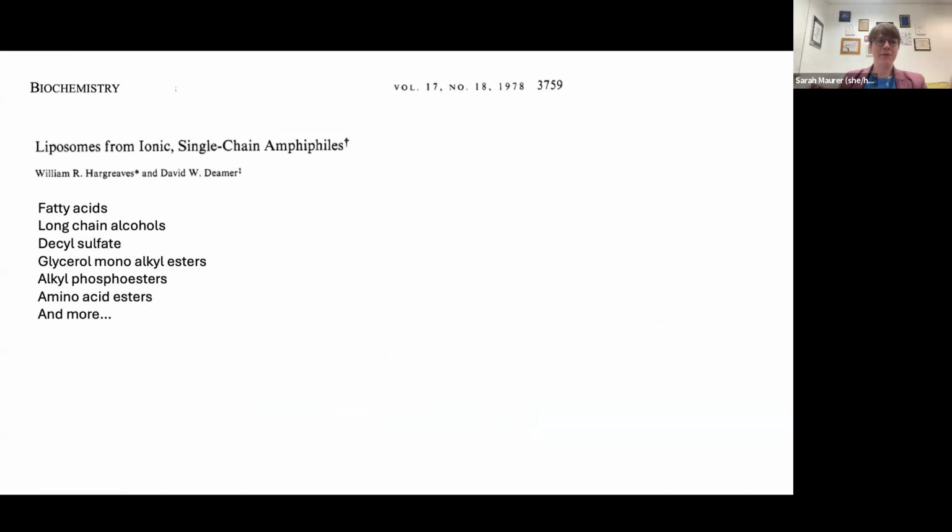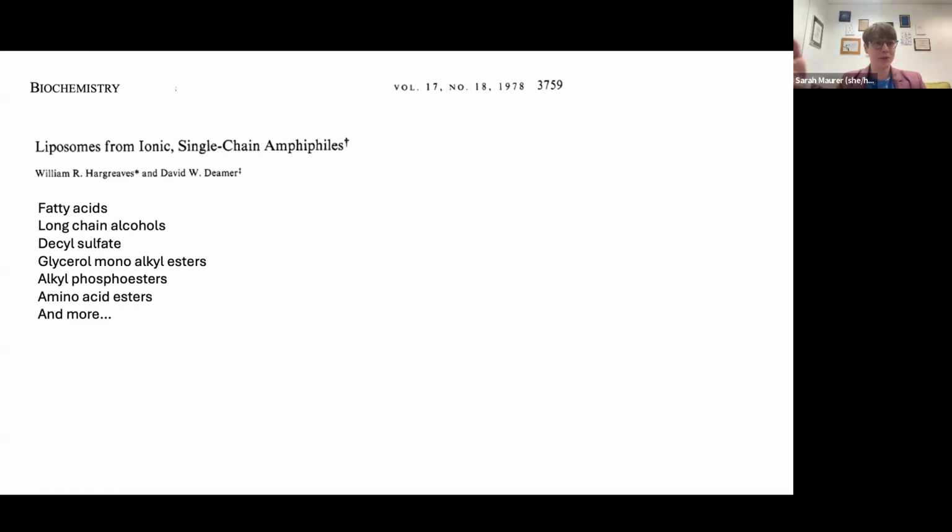We've known for a very long time, so this was published in 1978 by my PhD advisor, David Deamer, that if you mix fatty acids, long chain alcohols, and decyl sulfate, and you adjust the pH in water, you get membranes to form. Vesicles form, they have a very specific pH need, and fatty acids are sensitive to calcium.